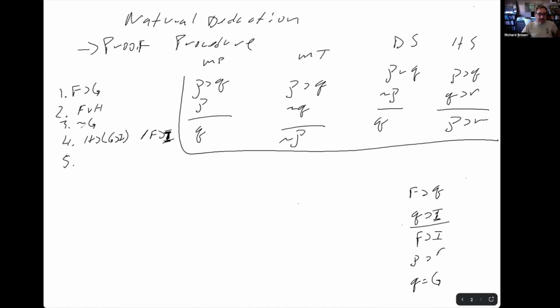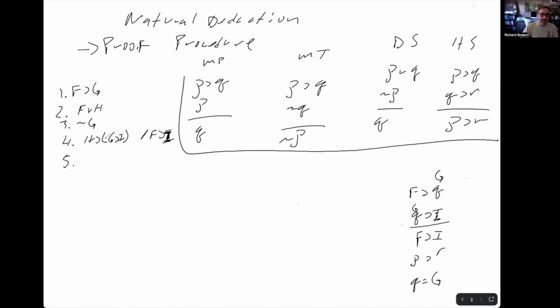And in fact, we see on line 4 that inside these parentheses, it says G horseshoe I. Well, that would fit our pattern, because if we had F horseshoe G and also G horseshoe I, then the conclusion would be F horseshoe I, just as we would like. So we have one of those already written down on line 1.